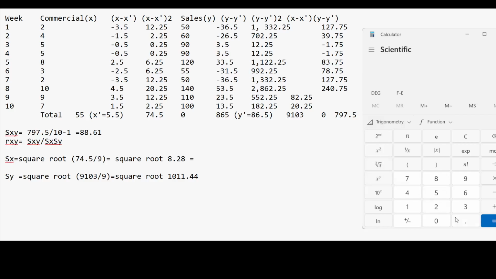So 8.28, then click square root. The square root of 8.28 is 2.88. And then the square root of 1,011.44 is 31.80.